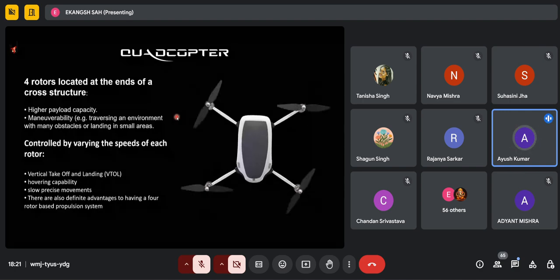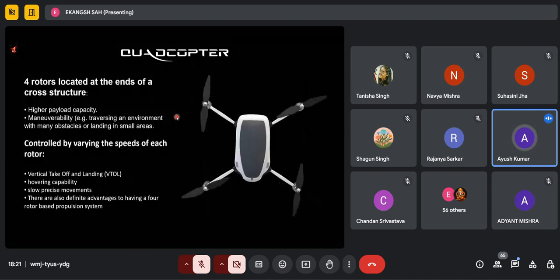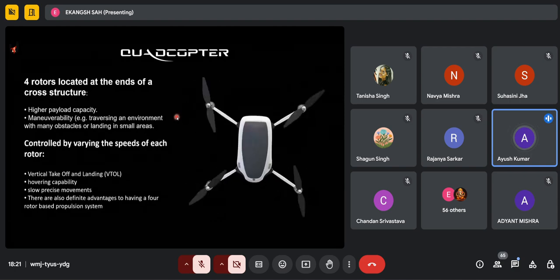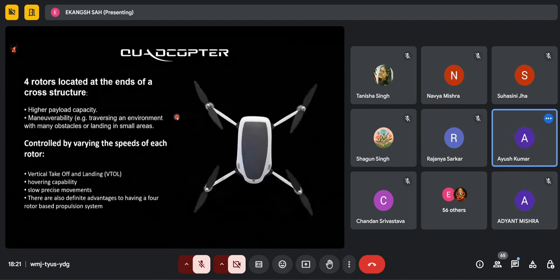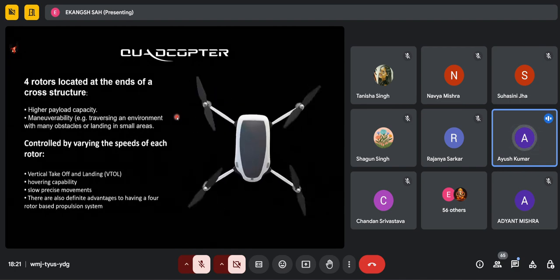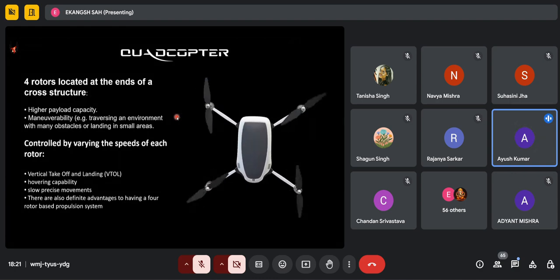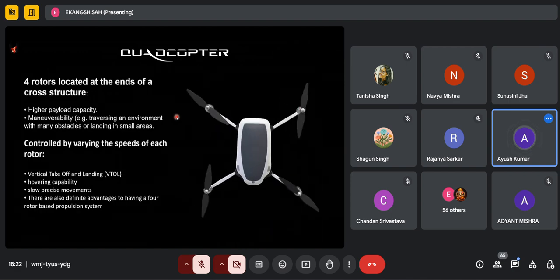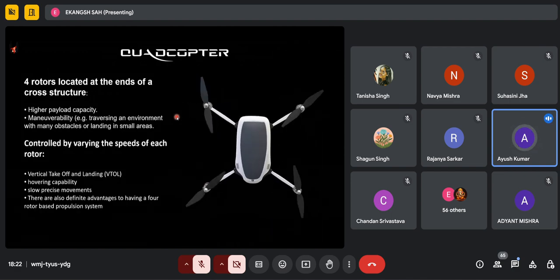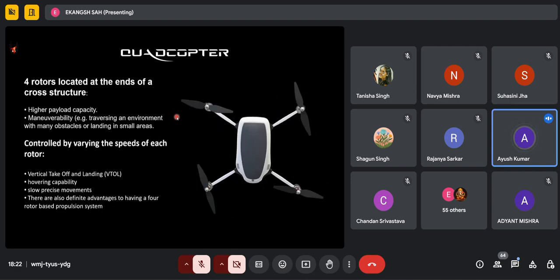Then, unlike the fixed wing aircraft, it has the capability of vertical takeoff in tight spaces. There is also precise movement capability by reducing or increasing the speed of the pairs of rotors. We will be discussing its motion in the next slide.